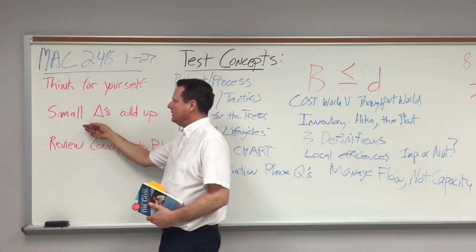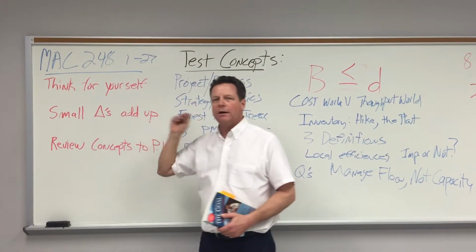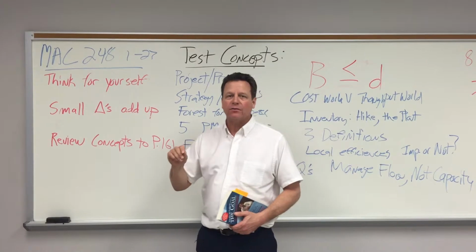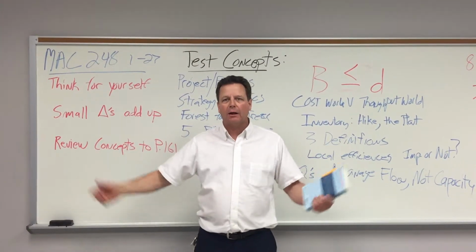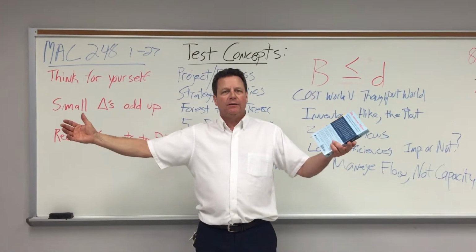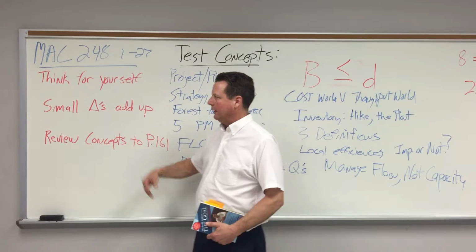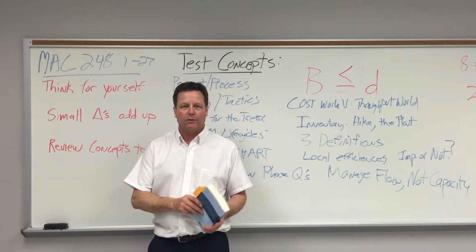The next thing was, later on we're going to see more of this, but small improvements add up in exactly the same way that negative statistical fluctuations add up to be long spaces in the Boy Scout hike line, or in the Barrington plant, piles of inventory in front of the bottlenecks.